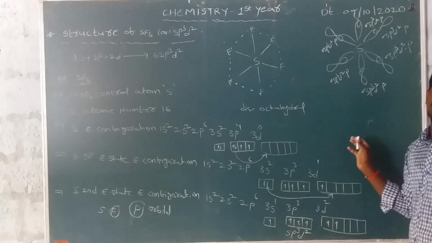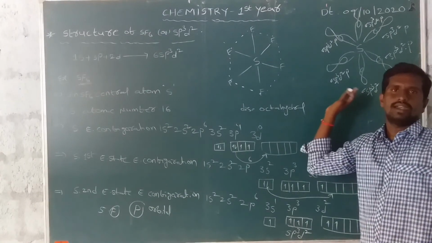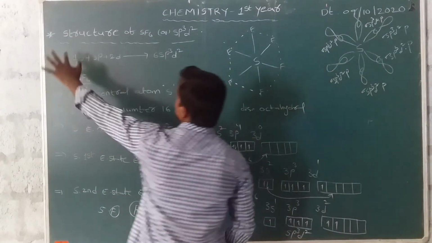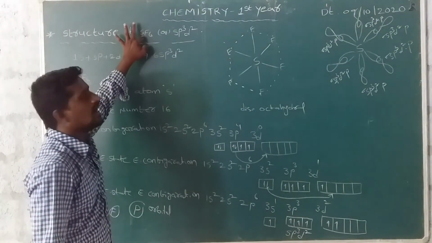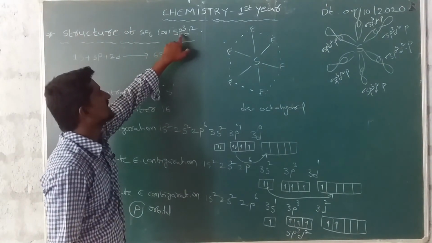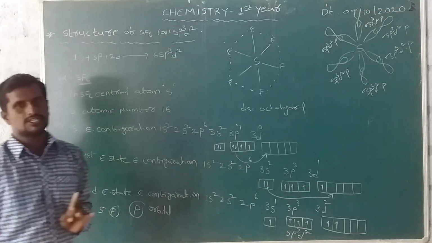This is a distorted octahedral structure. This is the structure of SF6, explaining the sp3d2 hybridization.